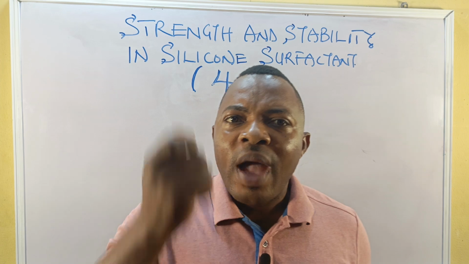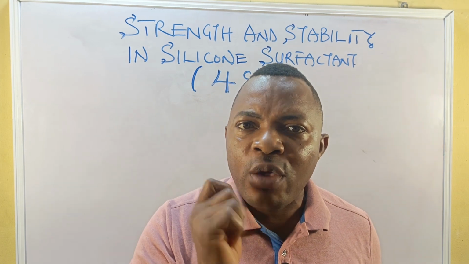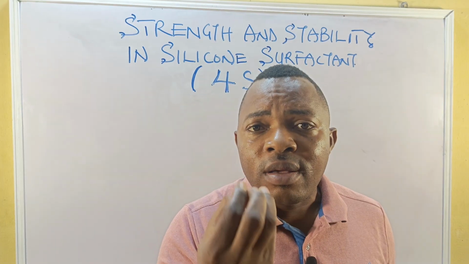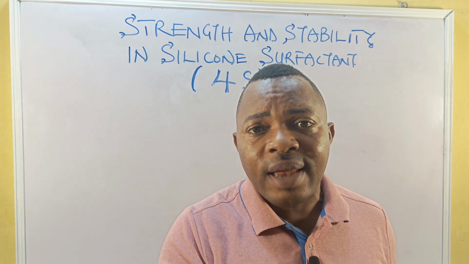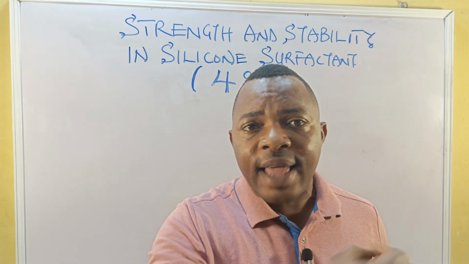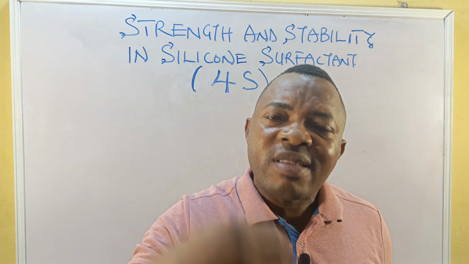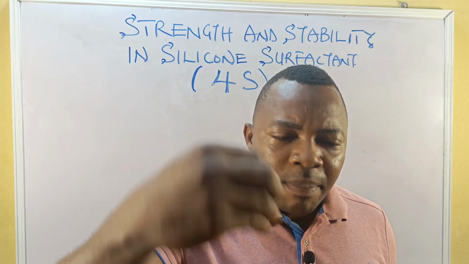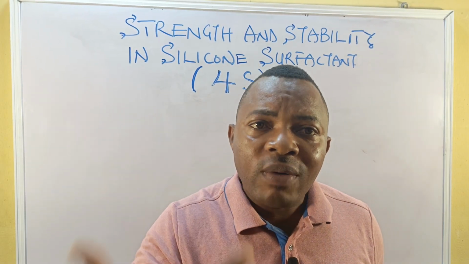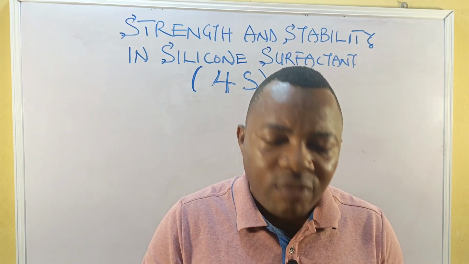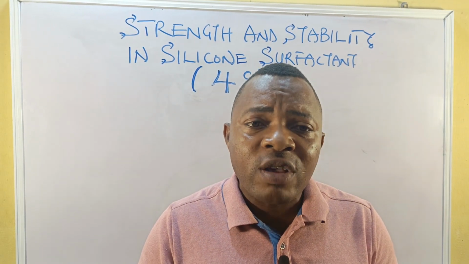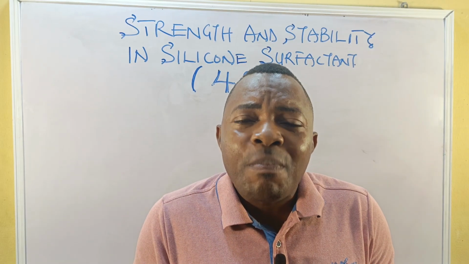For example, every PU foam chemical and other industrial chemicals have what we call a raw material safety data sheet. This safety data sheet is made up of several contents that tell you about the properties of the chemical, such as the physical property, the chemical property, how it's being handled, and what it is made up of.